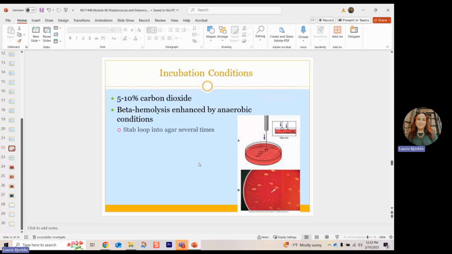So if the beta hemolysis is there, it really shows up in the stab marks. You can see that in the bottom picture, how enhanced it is versus the colonies. Around each colony, the beta hemolysis might not be as well seen, might be a little bit dimmer, whereas with the stab marks, it really enhances the look and appearance of that beta hemolysis.